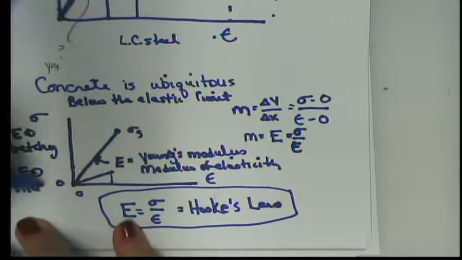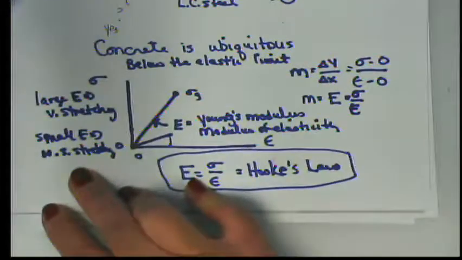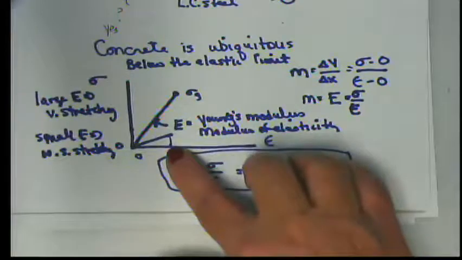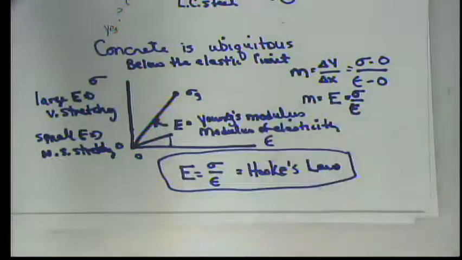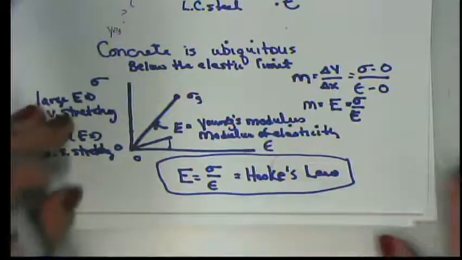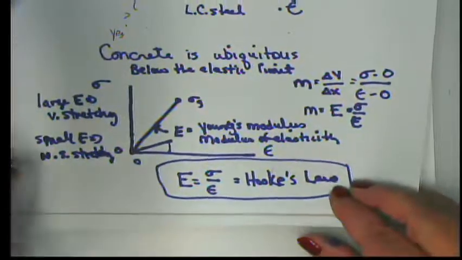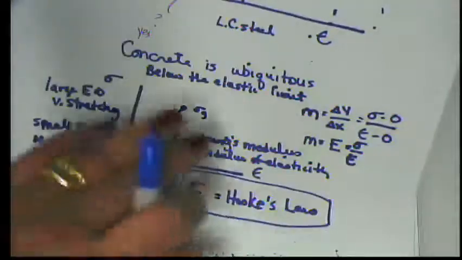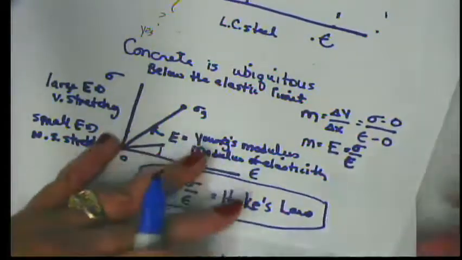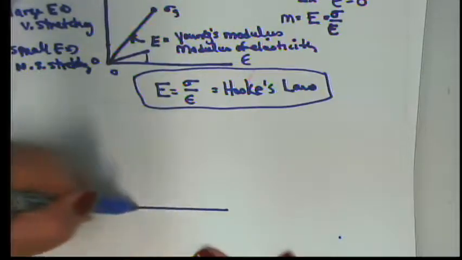And stretchy is not a technical term. That's just a descriptor. So the value of E defines how elastic it is, and that is written out in Hooke's law. Now the other thing is, materials can have the same value of E, and yet one can be much stronger or weaker than the other.